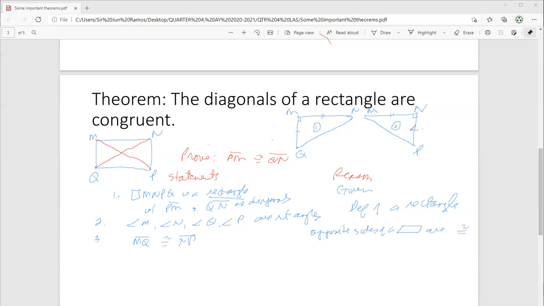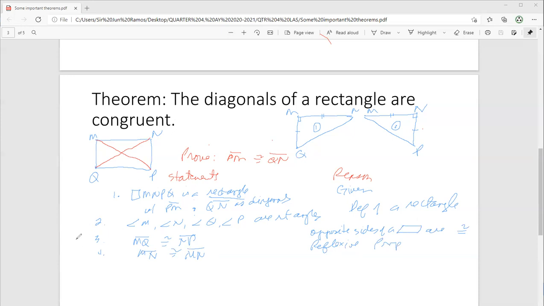Since a rectangle is a parallelogram, we can say that MQ is congruent to NP, and MN is congruent to itself. So MN here is congruent to MN. This is the reflexive property of congruence.